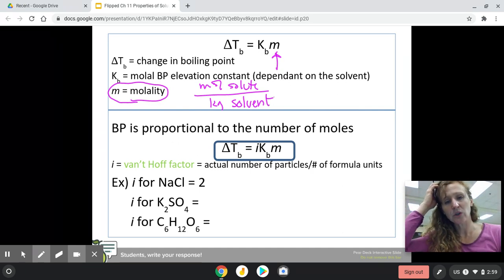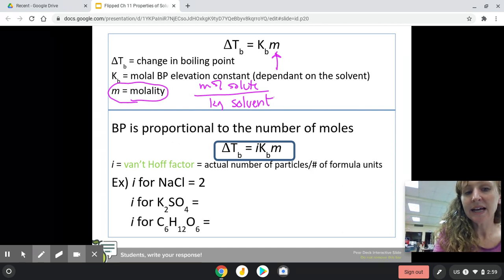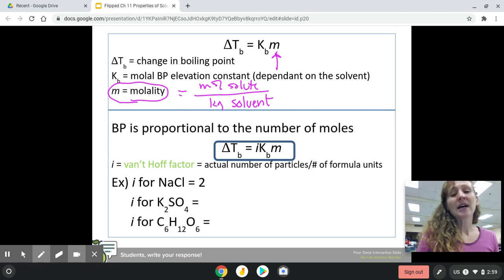So moles of solute over kilograms of solvent, that's what molality is. So it is just a measurement of concentration, like molarity, like density, like mole fraction, like percent composition by mass, right? They're all ratios that represent what the concentration is. It's just measured in a different way.